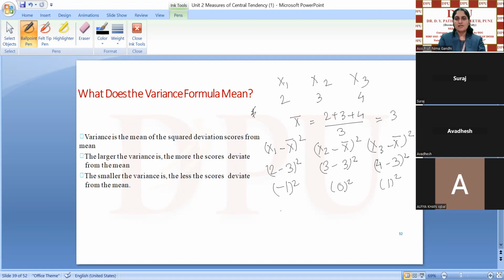So what is the answer? Minus 1 square is 1, 0 square is 0, 1. So when you square it and find out the mean, you are actually calculating the variance.